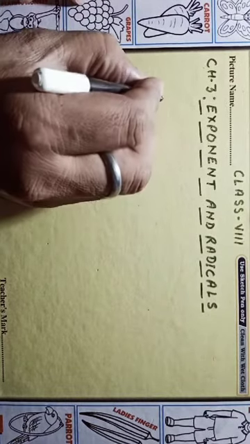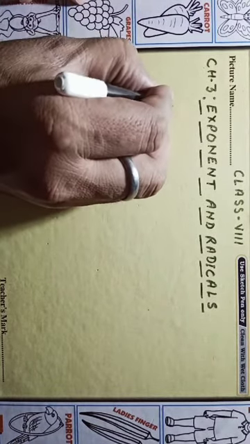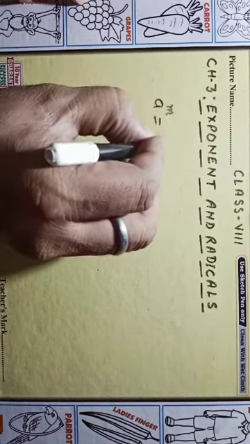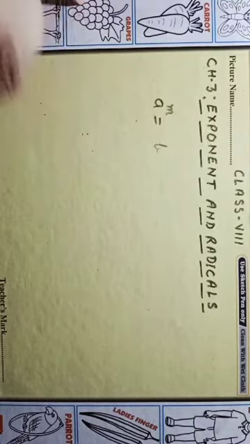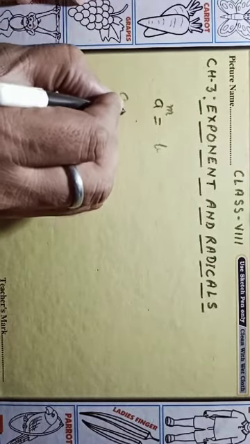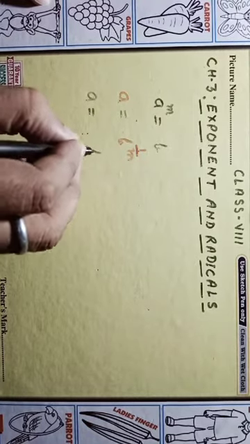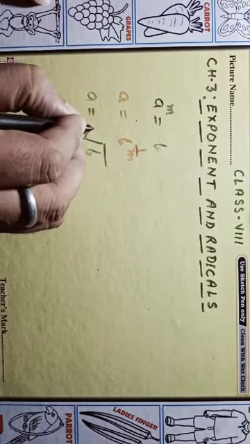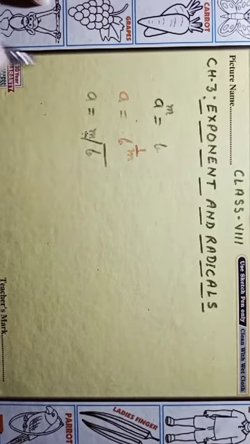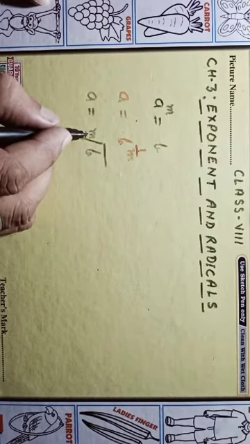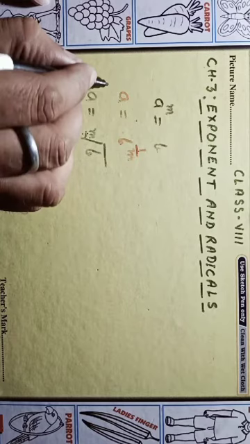Now next, suppose a to the power m is equal to b, then a is equal to b to the power 1 by m. Now a is written as the m-th root of b.